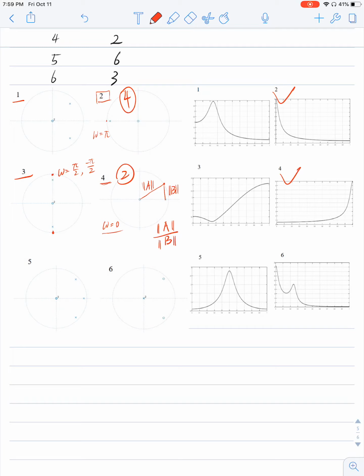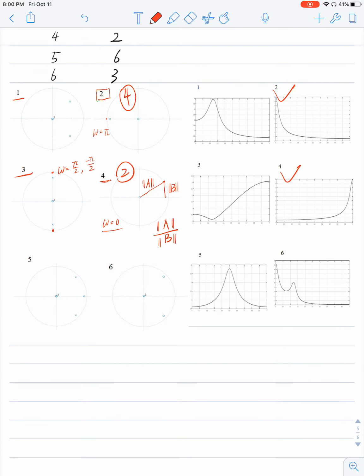These two values are the same, so it has two peaks, when omega equals pi over 2 and minus pi over 2. So obviously the corresponding frequency response plot is 5, because it has the maximum at pi over 2.